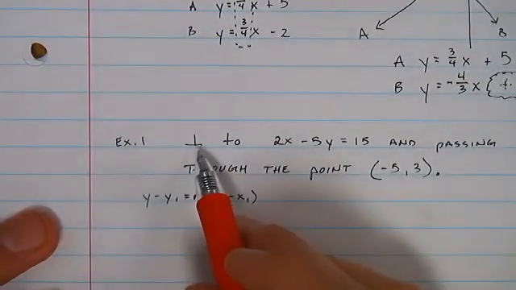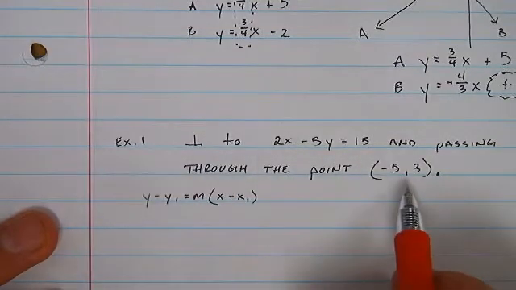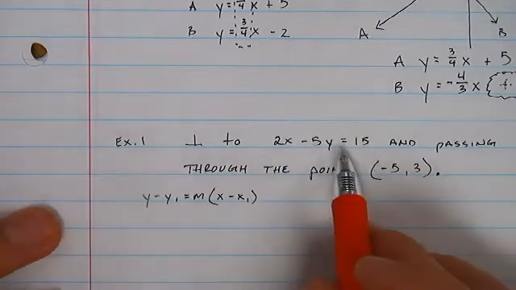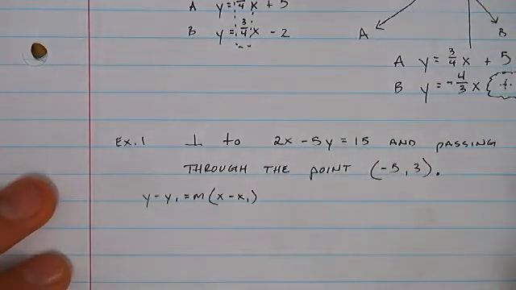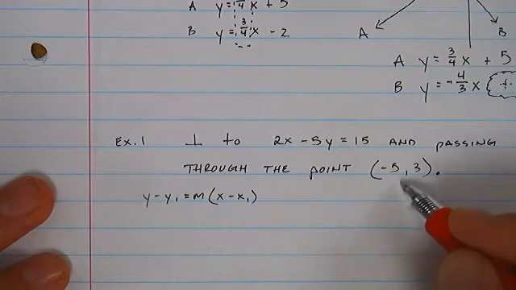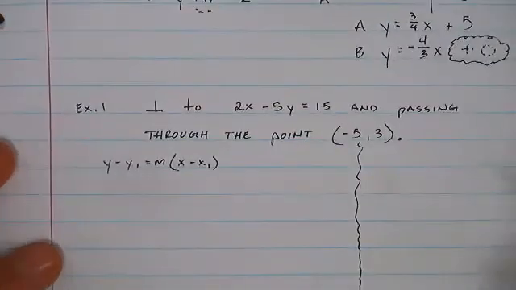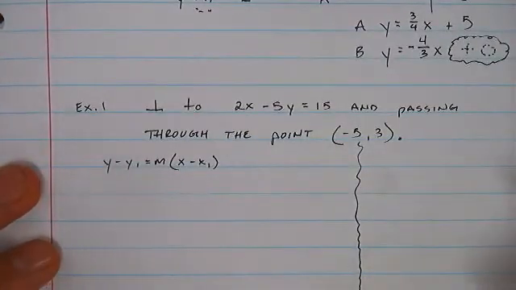Perpendicular is my indication of slope. And I've got a point. The only thing is I can't find slope through a standard form equation. So first thing I need to start out with is trying to identify the slope, right?